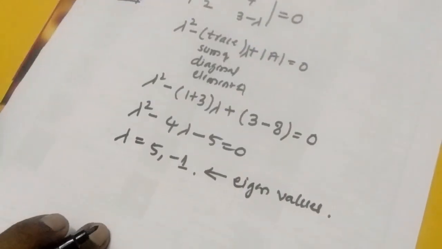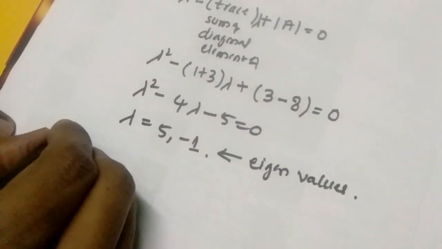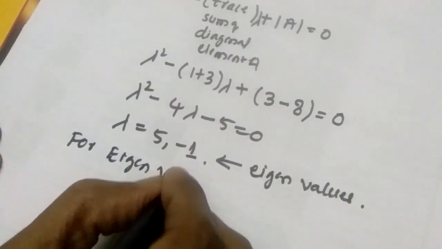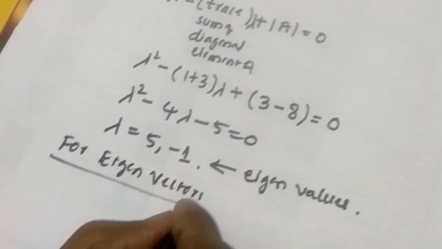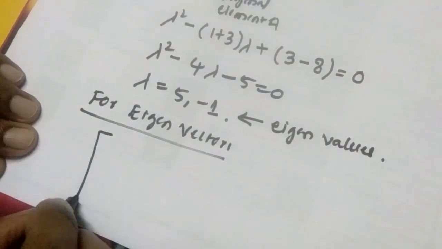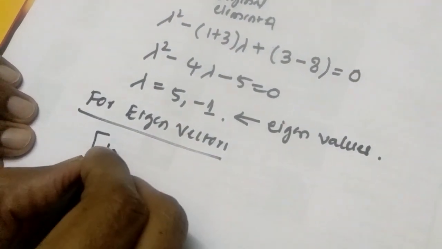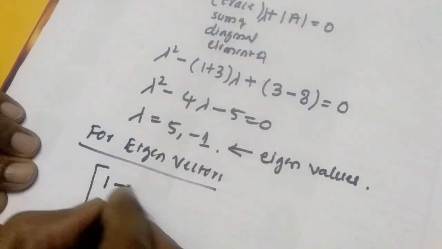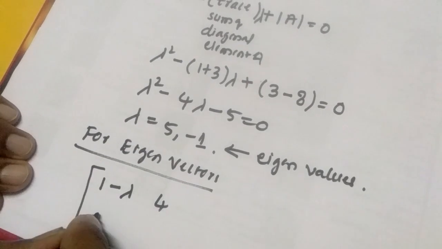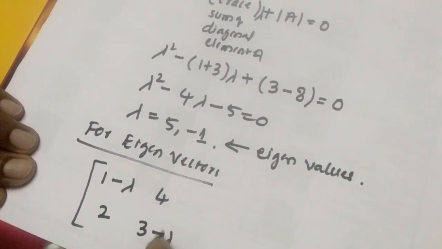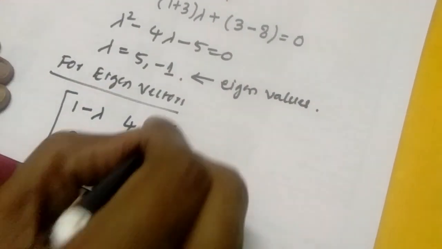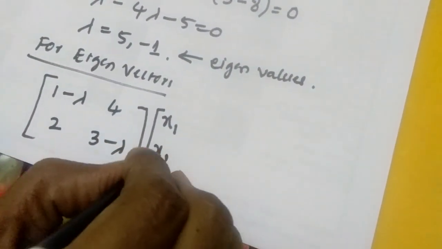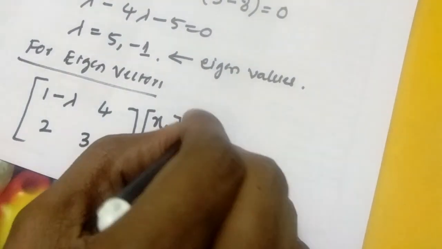Now for eigenvectors, what we have to do is take the matrix A minus lambda I, that is [1 minus lambda, 4; 2, 3 minus lambda], multiplied with some unknown vector [x1, x2], which is equal to 0.